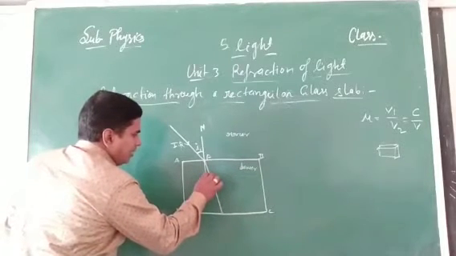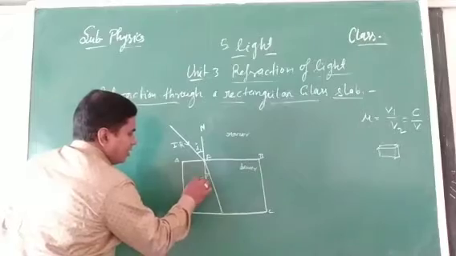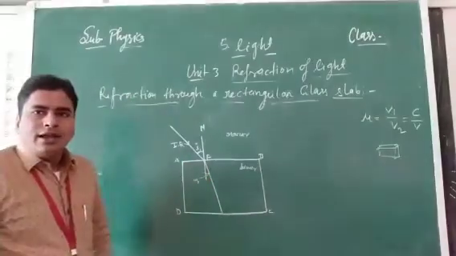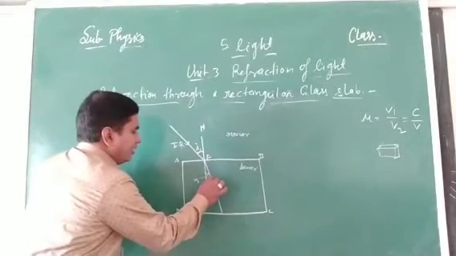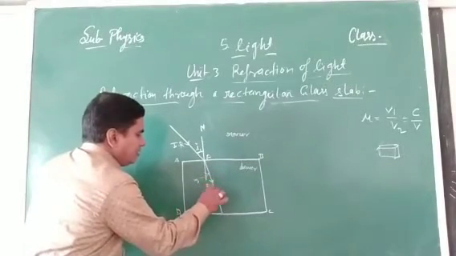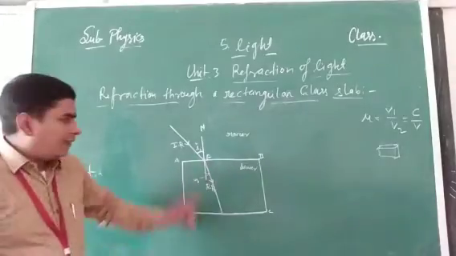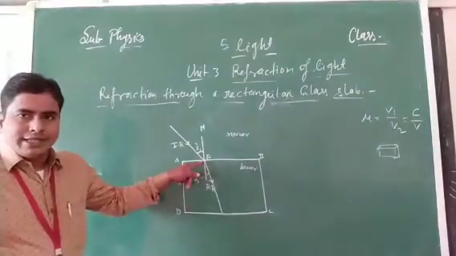This is the angle R1, the angle of refraction, and this is the refracted ray for that point of incidence.